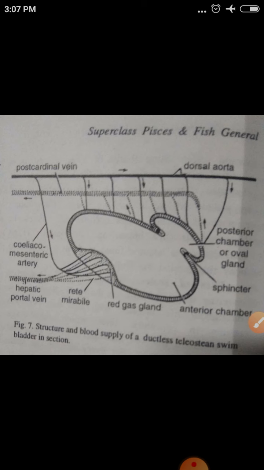Low frequency vibrations of the contained gas induced by noise in water are transmitted by the ossicles to the membranous labyrinth. Thus, these fishes can hear. So, there are the four functions of the air bladder: first respiration, second hydrostasis, third sound production, and fourth audition.